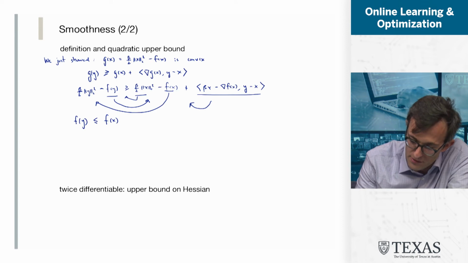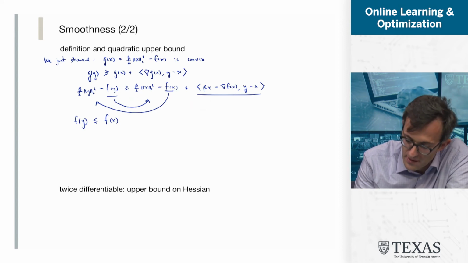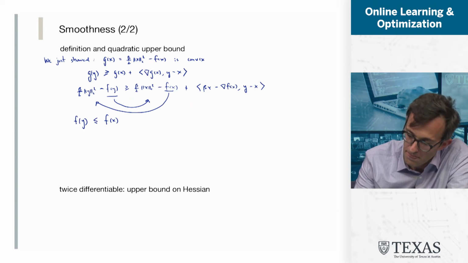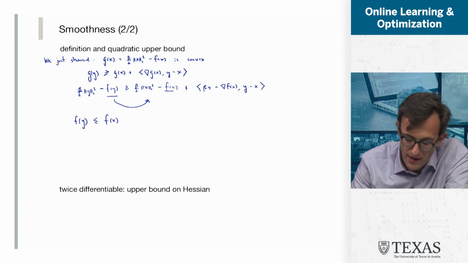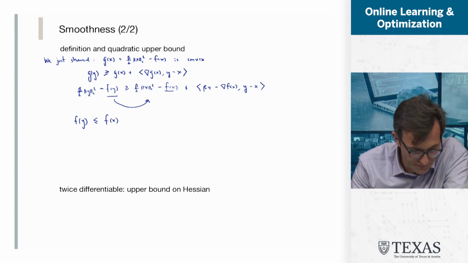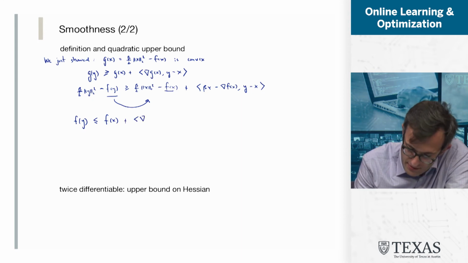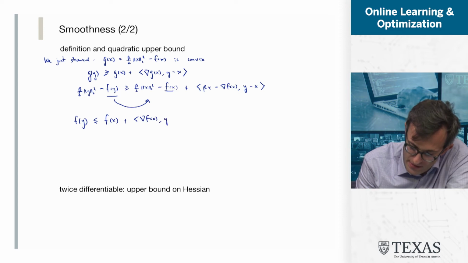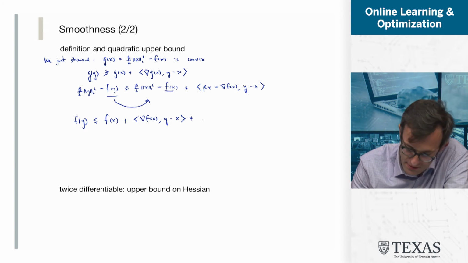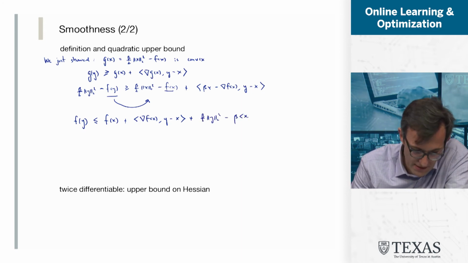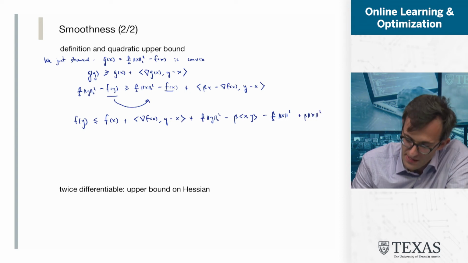I'm going to erase those arrows. I think they're probably just cluttering things unnecessarily. F of y is less than f of x plus the gradient of f of x times y minus x plus beta over 2 y squared minus beta times xy minus beta over 2 x squared plus beta x squared.